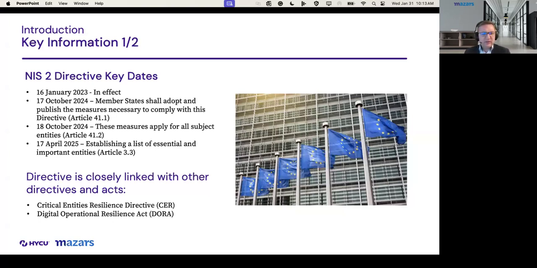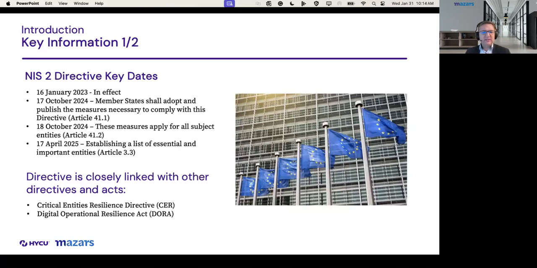Another thing that I wanted to point out is that, as I said, Europe is doing all these directives and all these movements. So this directive is just one of the many that's closely linked with other directives and acts that are coming out. There's multiple coming out in the EU. There's the AI Act. There's the Digital Markets Act.